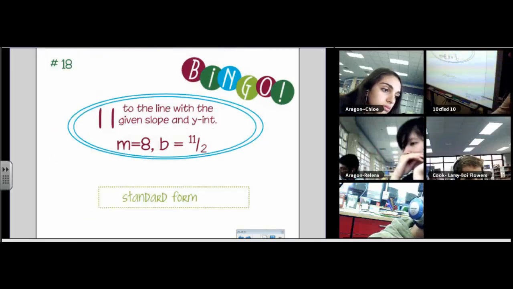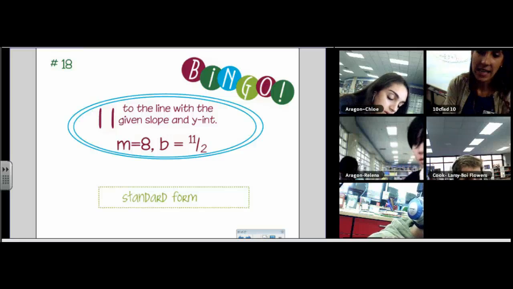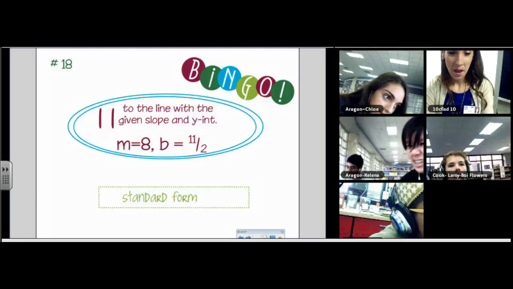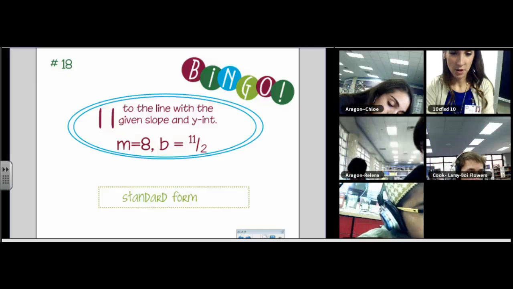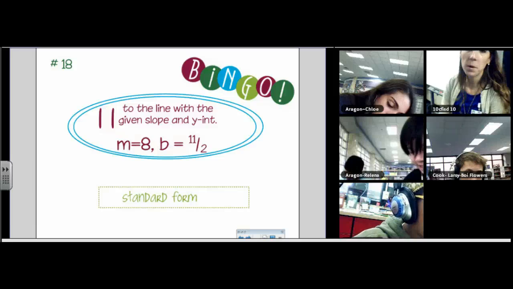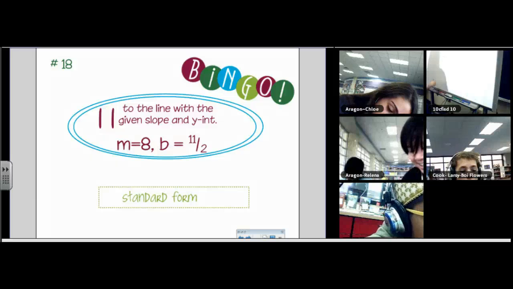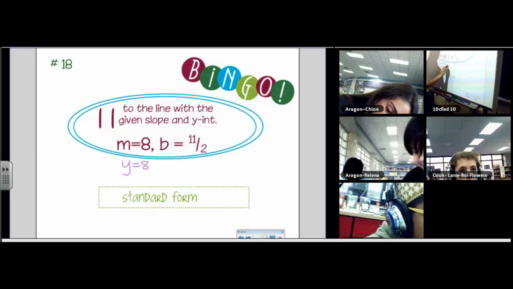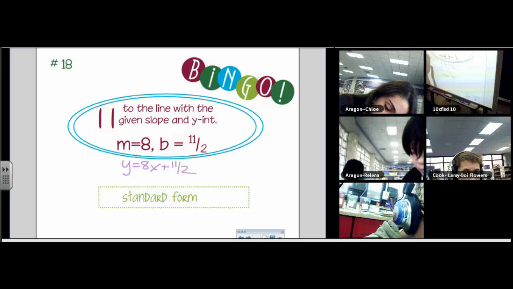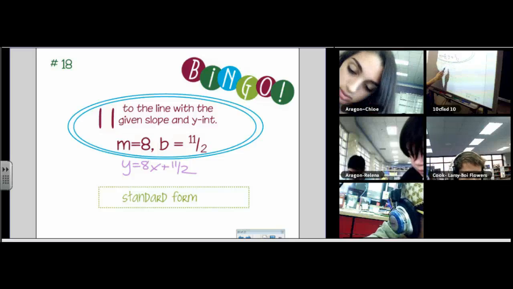We want to be parallel to the line with the given slope and the given y-intercept. That's easy, except, uh-oh, what does it say at the bottom? Standard form, so be careful. So we're given an m and we're given a b, so we might as well use y equals mx plus b. And now we need to get this into standard form. So we could multiply everything by 2 if we wanted to.